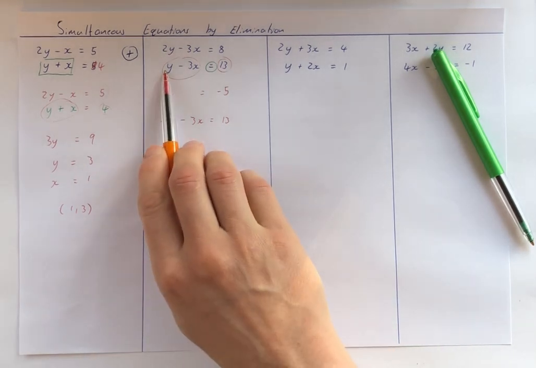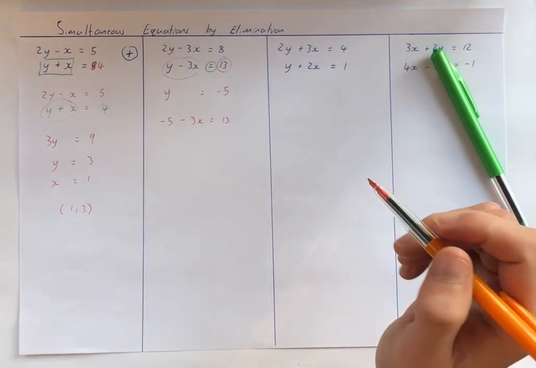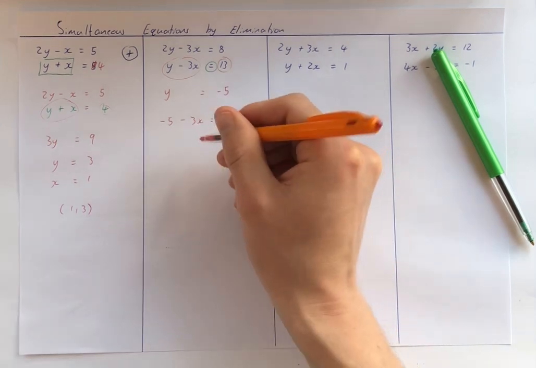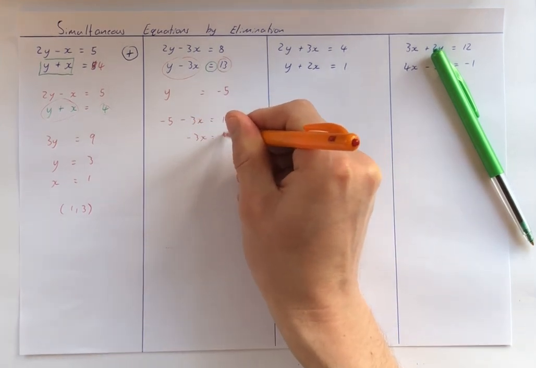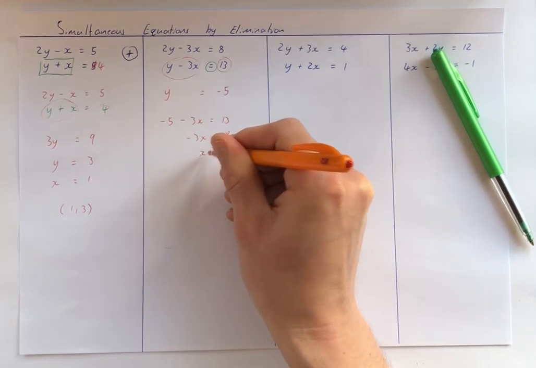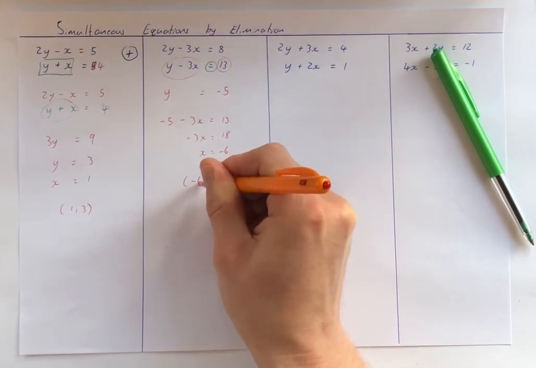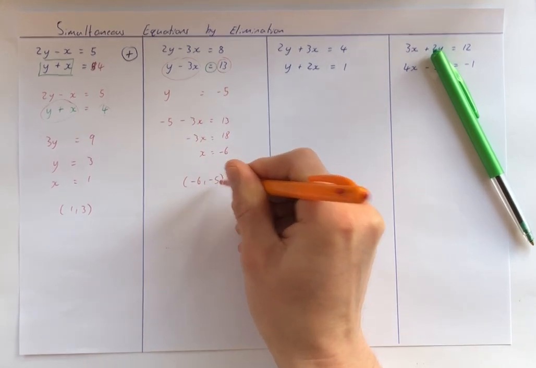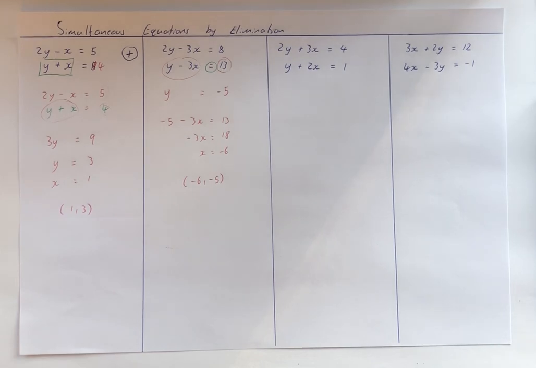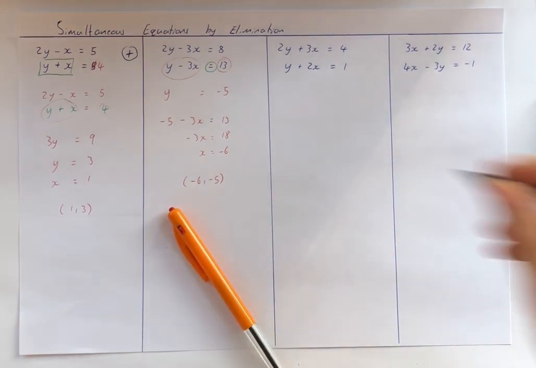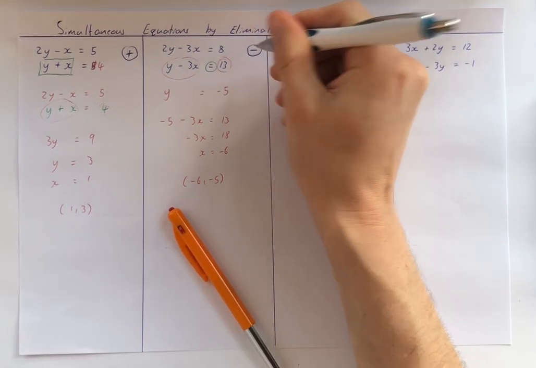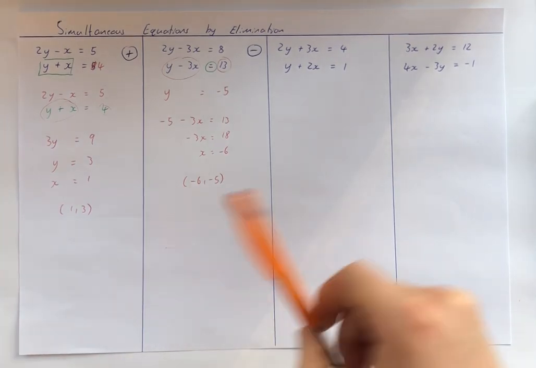So negative 5 minus 3x is equal to 13. I'll add the 5 and divide by negative 3. So negative 6, negative 5 is my solution. Awesome, so that is an example of subtracting one equation from the other.